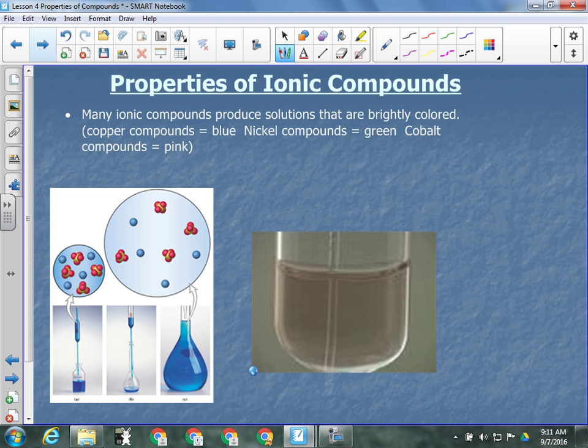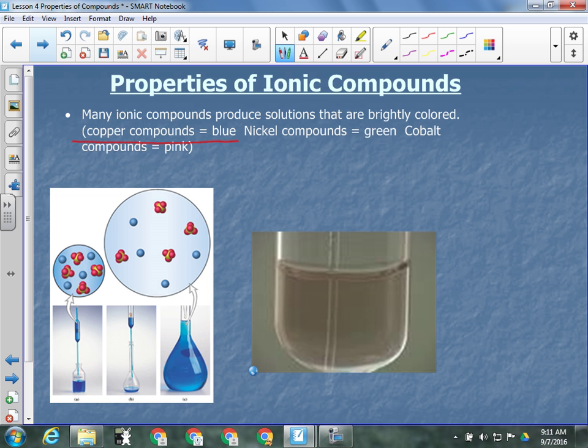All right, many ionic compounds have salts that are brightly colored, and when you put those salts in water, the solution becomes brightly colored, or at least somewhat colored. Generally, if you dissolve something blue in water, it colors the water blue. If you dissolve something green in water, it colors the water green. These ones in particular will be very useful.